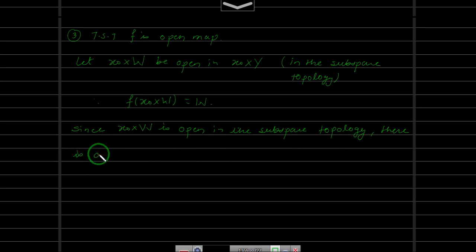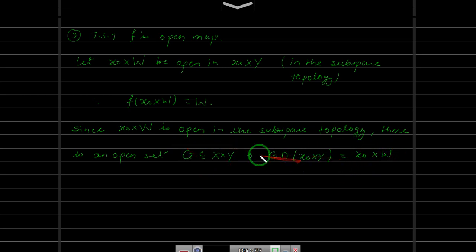There is an open set, by the definition of subspace topology, say G, a subset of x cross y. Obviously this G will be of the form some subset of x cross some subset of y, such that G intersection with x naught cross y is equal to x naught cross W.